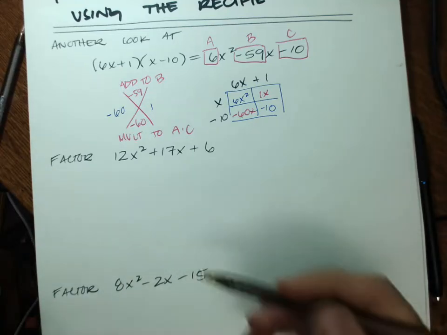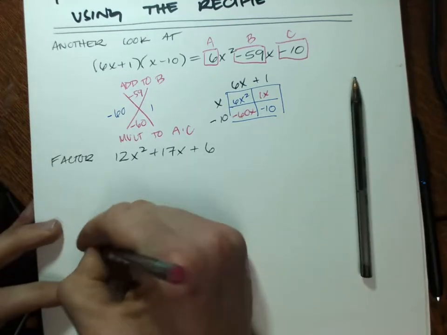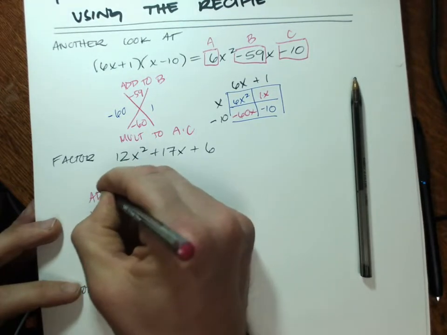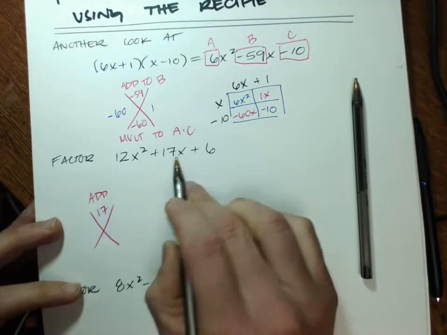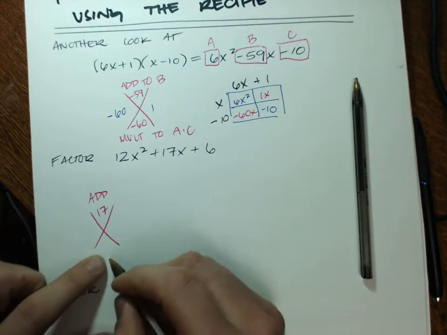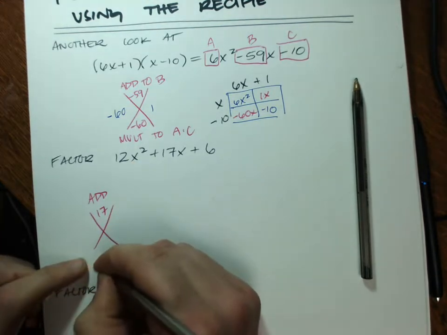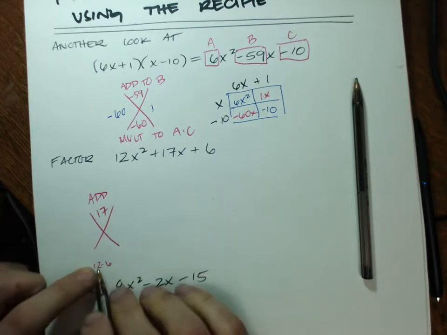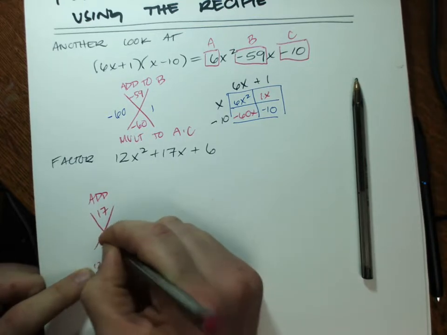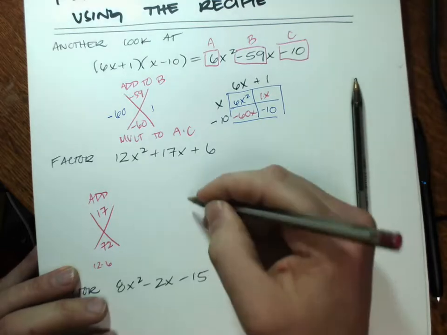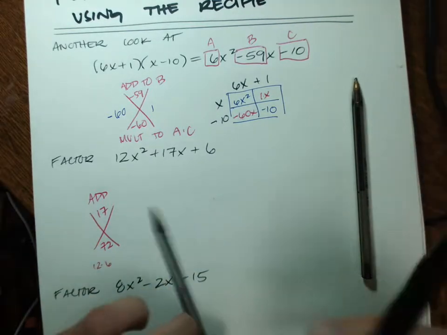In this case, for our trick here, it has to add to 17, so that's this middle term, and the numbers have to multiply to 12 times 6, 72. Let's try to keep my colors coordinated here.